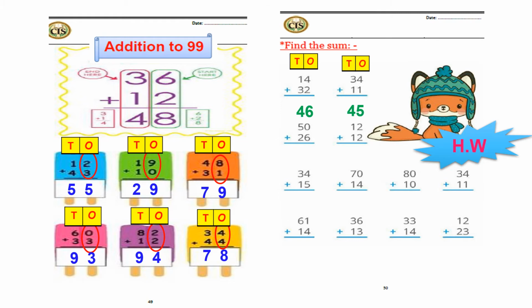So the sum is 76. Here 12 plus 12. 2 plus 2 equals 4. 1 plus 1 equals 2. So the sum is 24. And now you can complete the page as homework.